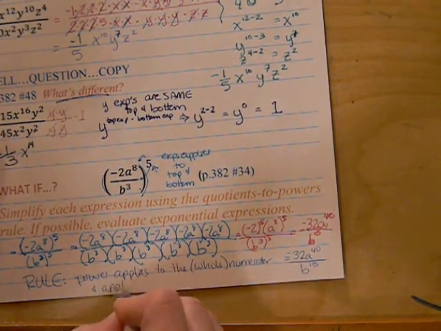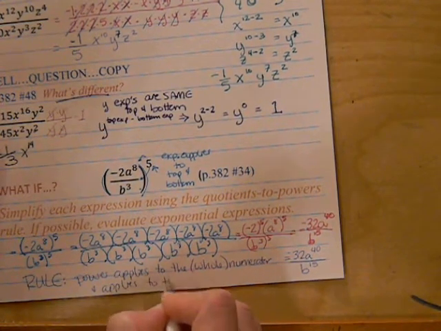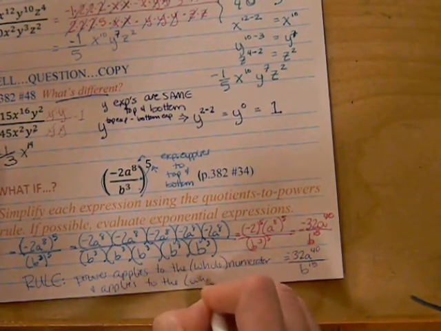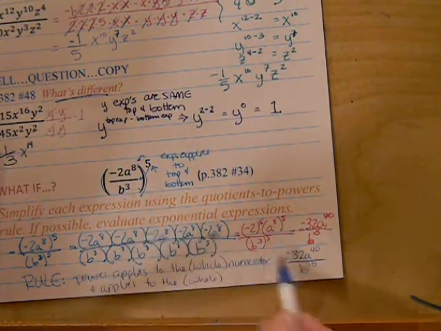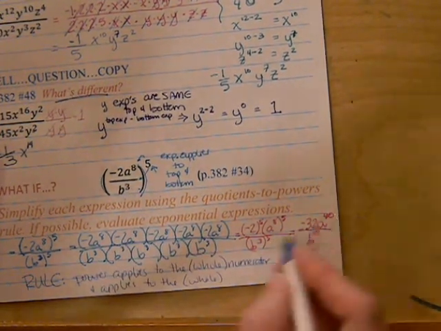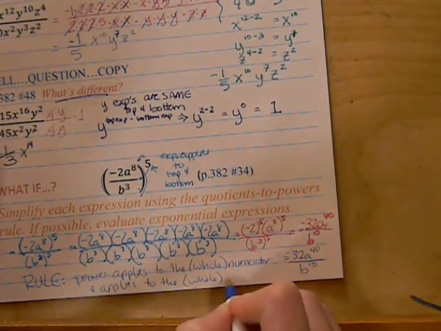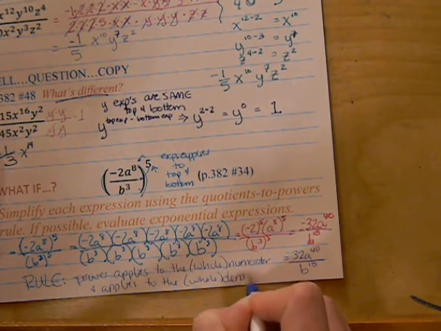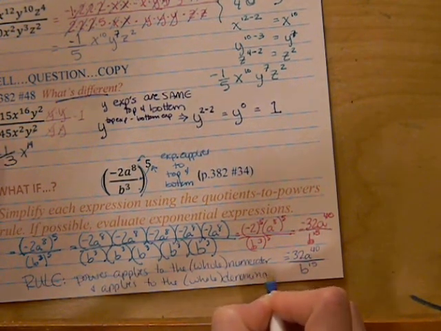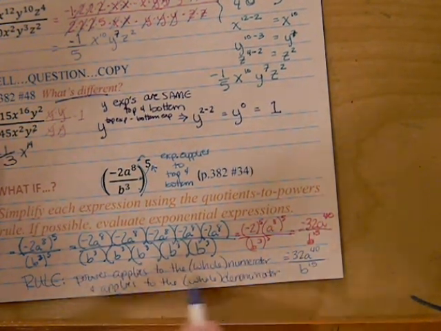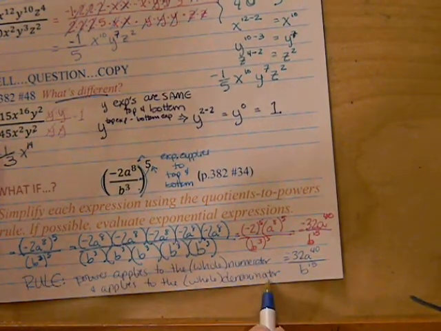And it applies to the whole denominator as well. In this case, there was just b cubed, so it was b cubed to the 5th, which is b to the 15th, because it's 3 times 5. Okay, so the power applies to the whole numerator and it applies to the whole denominator.